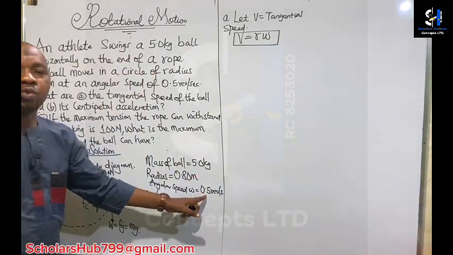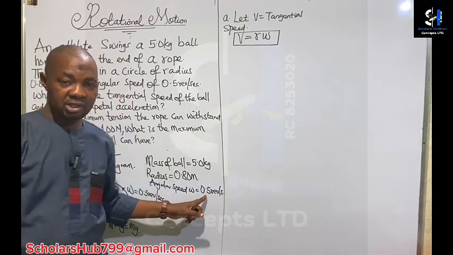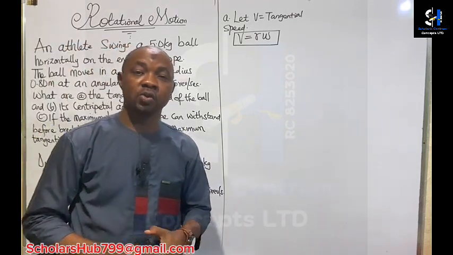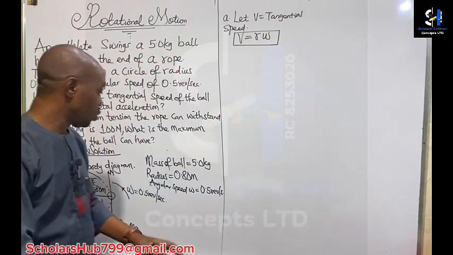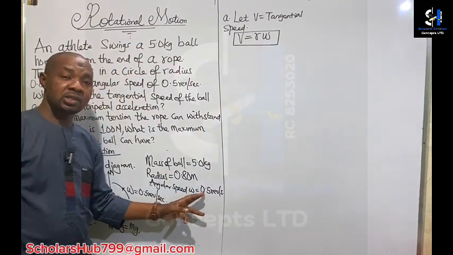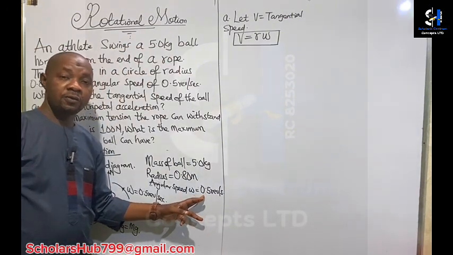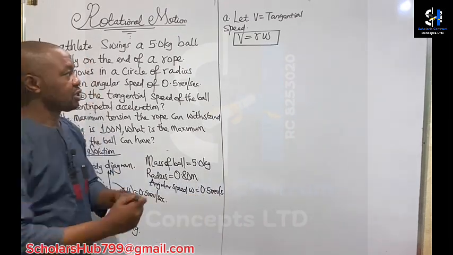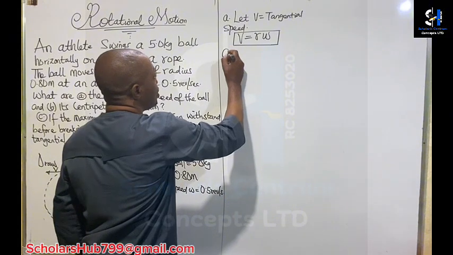Now, the angular speed we are given here is in revolutions per second, and we know that the unit for angular speed is radians per second. So we need to convert this value from revolutions per second into radians per second.